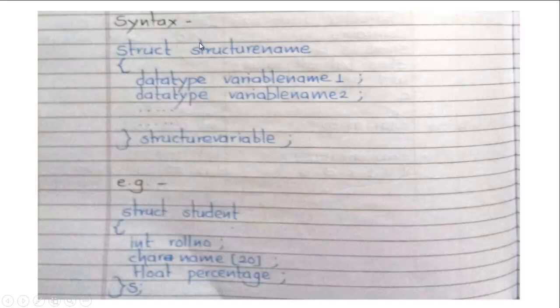Then you have to give a name to that structure, that is structure name. You can give any meaningful name to that structure. Then opening brace, here you can declare different data types, different elements inside this brace.